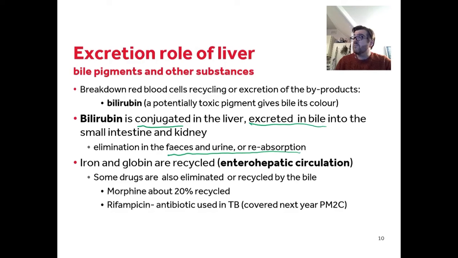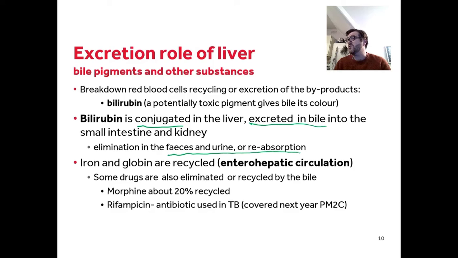Other things that are excreted by the liver include iron, so if you've got excess iron in your diet, and globin, which is a really important protein in your body. They're recycled via what we call enterohepatic circulation.